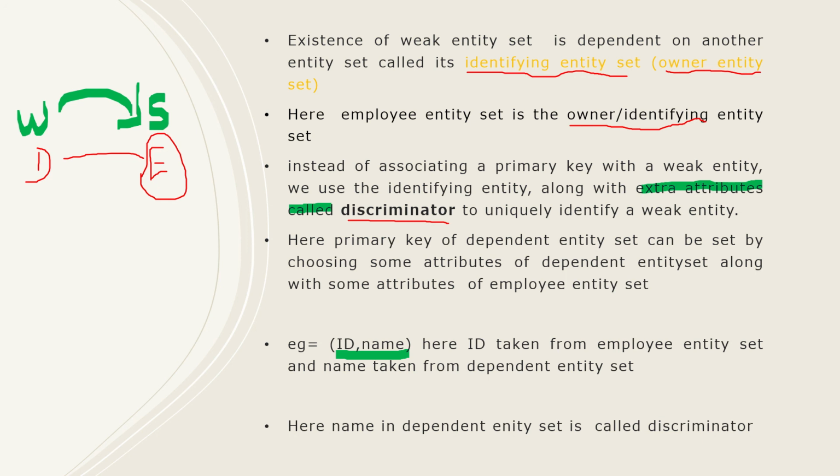Otherwise, we cannot enter the dependent information in this dependent table. So that means every entity in this dependent entity set will have a corresponding relationship with one entity in this employee entity set. So always a weak entity set's participation will be total.